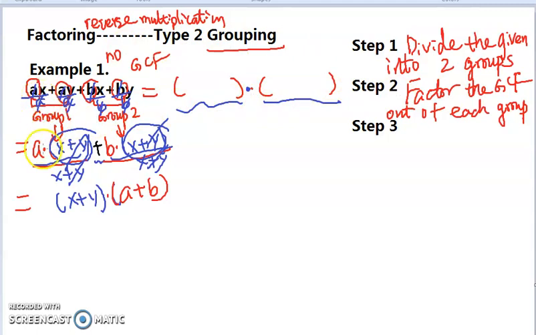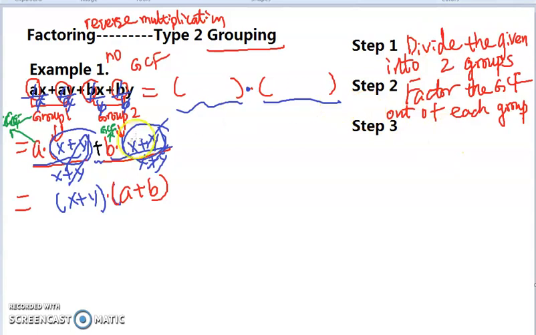So I factor out A, the GCF. A is our GCF for the first group, and B is our GCF for the second group. You divide each term by A in the first group, and divide each term by B in the second group. So after we get here, we're not finished.